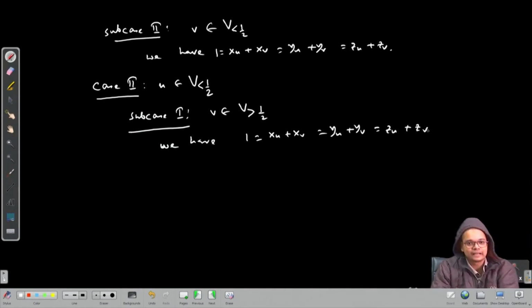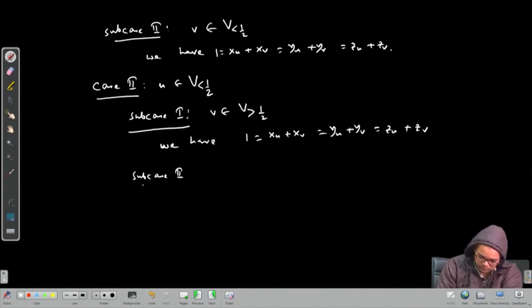Okay, and hence the edge constraint is satisfied. Subcase 2, v belongs to V less than half.